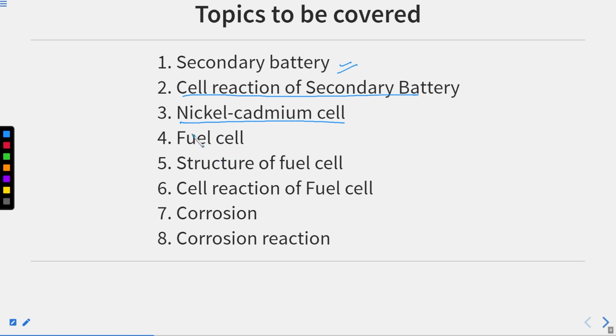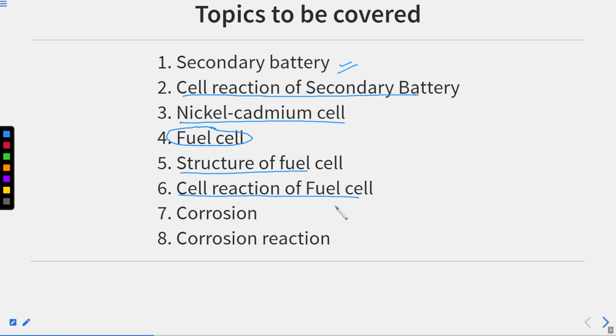After that we will move to something very interesting called fuel cell. This fuel cell was used in Apollo mission. You must have heard about this mission. The fuel cell was used in that, and it is a very eco-friendly type of cell. So we'll see the structure of that cell and what cell reaction goes inside that fuel cell.